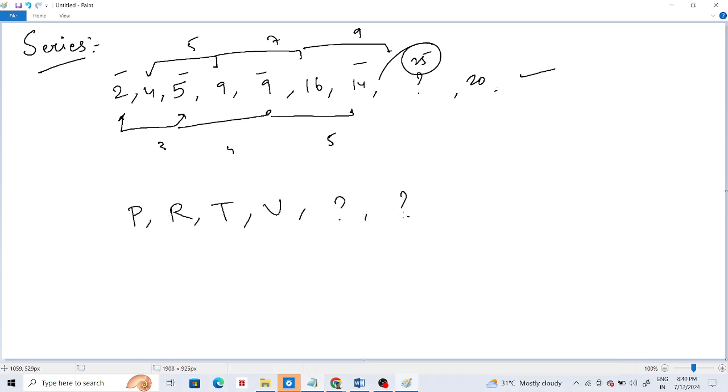Whenever you have an alphabetical series, you need to memorize the position numbers of the alphabets: A, B, C, D, and so on. Try out this one. It's very simple. Once you gather the position of the alphabets, you can easily do it.